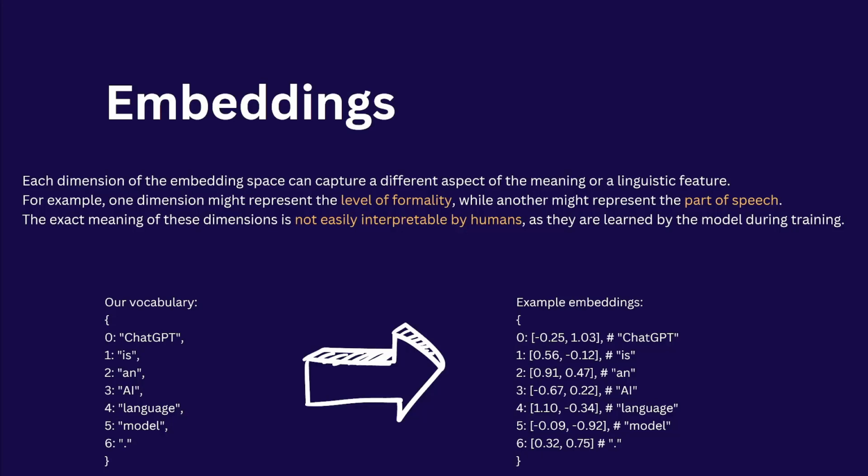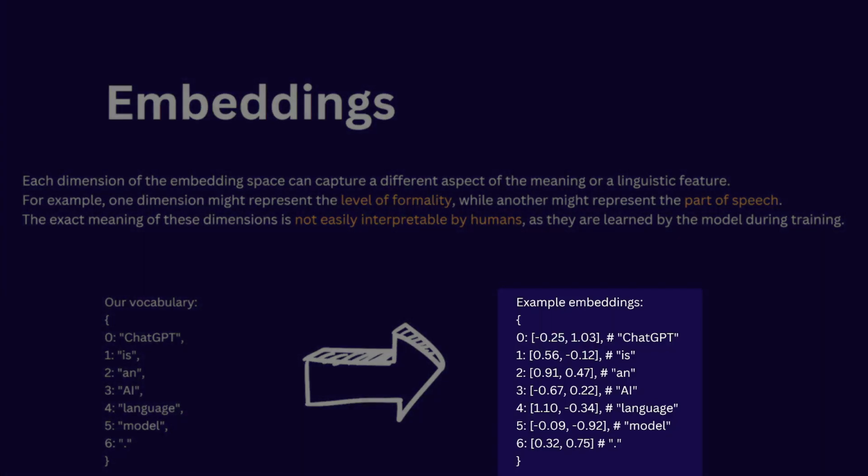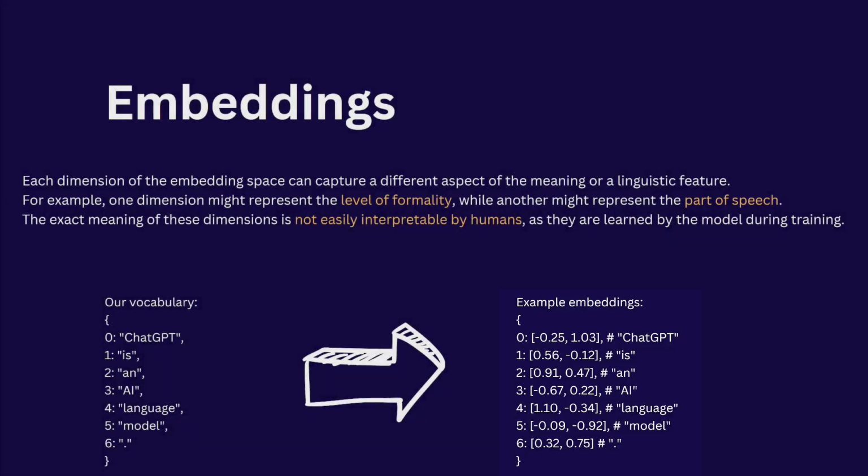For simplicity, we use 2-dimensional embeddings, as you can see from the numbers here. So our vocabulary is: ChatGPT, the first word; is, the second; a, the third; AI, the fourth; language, model, etc. So here are some example embeddings. The embeddings are continuous vectors that represent each token in our vocabulary.